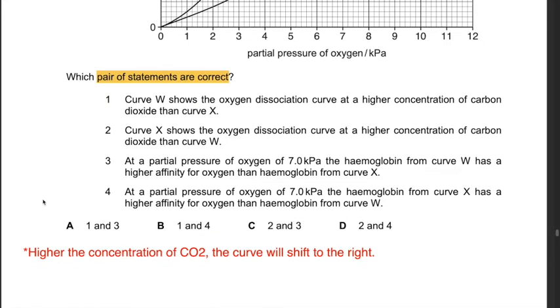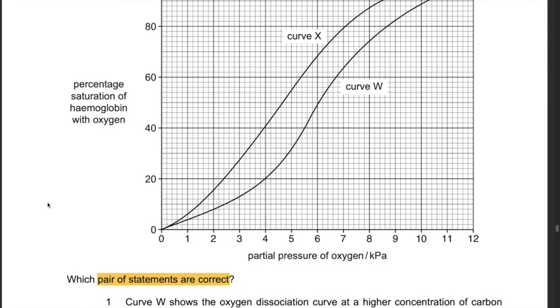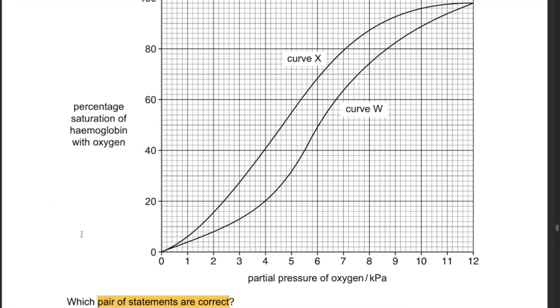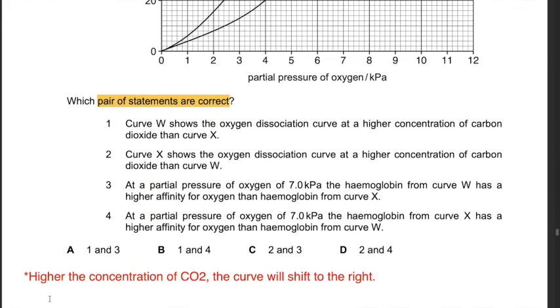Therefore, that leaves us with the options being 1 and 4. If we go through statement 4, at a partial pressure of oxygen of 7 kilopascals, the hemoglobin from curve X has a high affinity compared to curve W. That is correct, as curve X at 7 kilopascals has a higher percentage saturation if we look at the y-axis. Hence, the answer is B, 1 and 4.